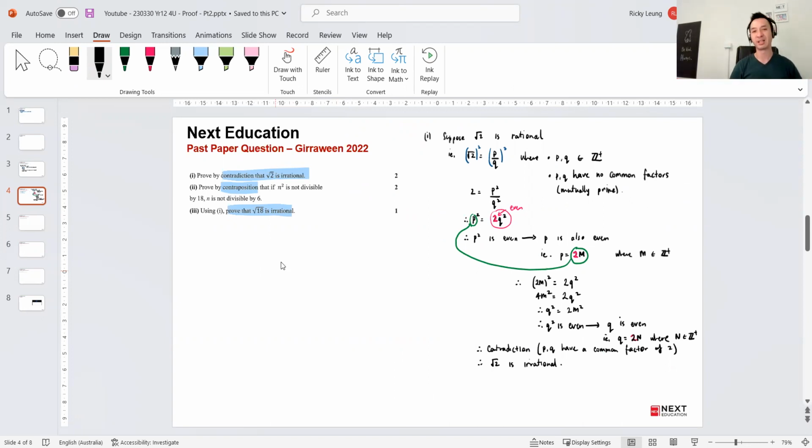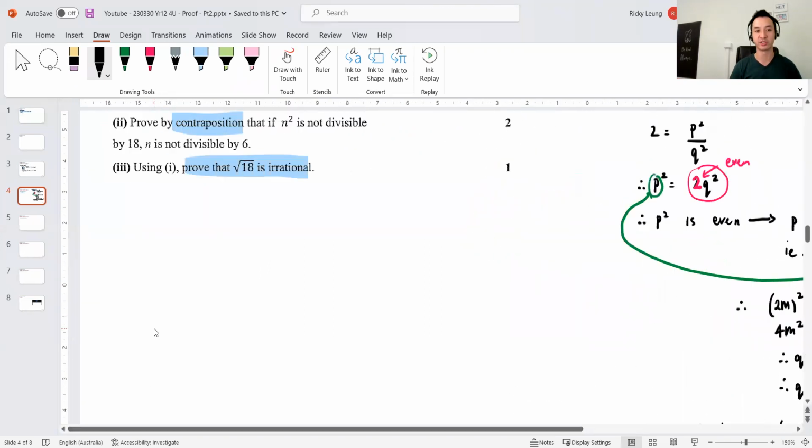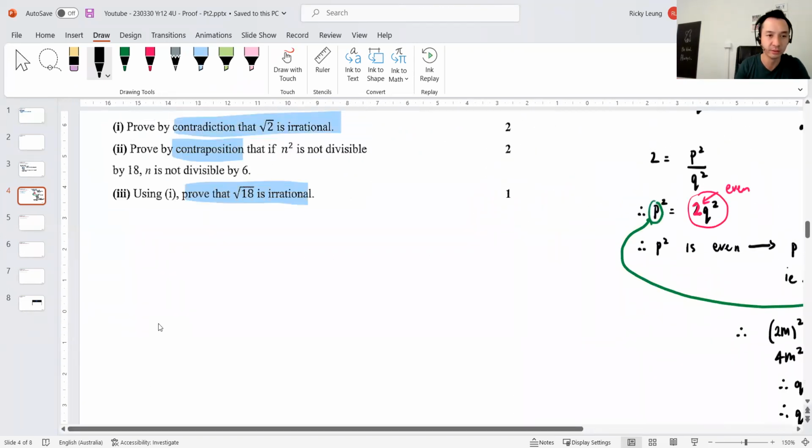All right, can I do part 2 over to the left here? Just because I have space there, and it doesn't actually take that long. So part 2, what am I doing? Prove by contraposition. Now, where are my 2 statements? I've got n squared is divisible by 18, n is not divisible by 6.